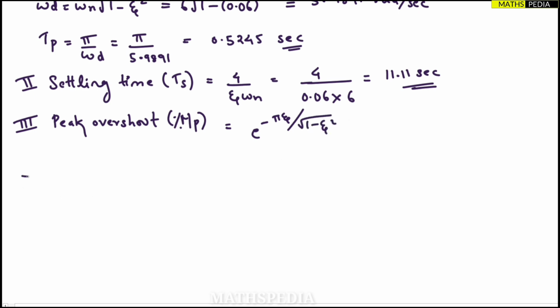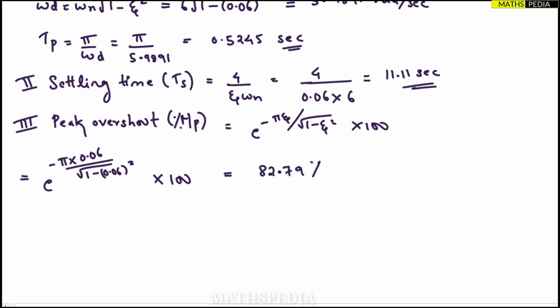Those values we have to substitute: e power minus pi, as it is, zeta value is 0.06, divided by square root of 1 minus zeta square, that is 0.06 square. It's in percentage, so into 100. You will get it as 82.79%. Just put it in the calculator.